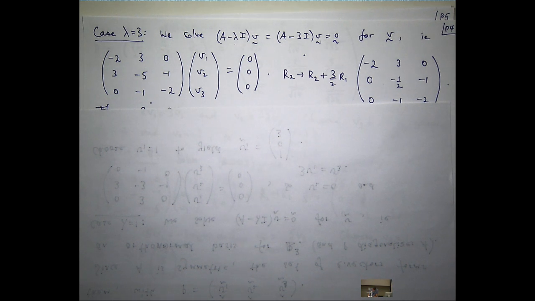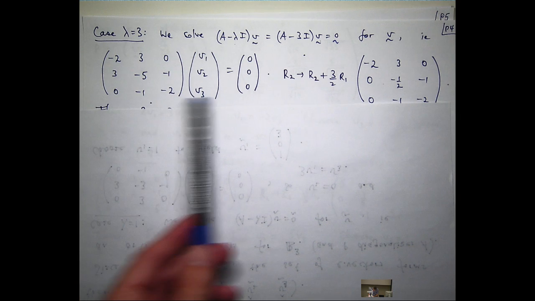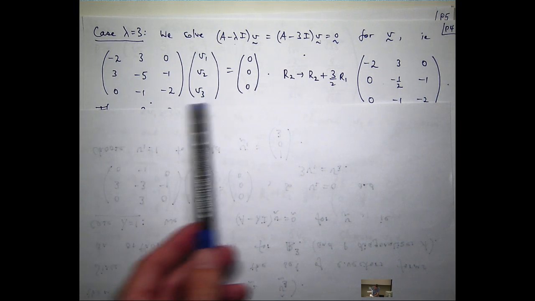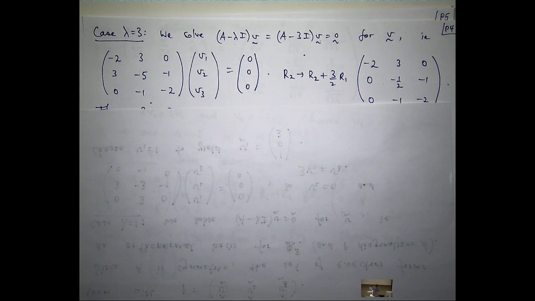Now, it's not quite as simple as the previous case, because I can't just read off the answers. So I'm going to do a little bit of row reduction on this, just to simplify things. Now, I haven't done all the row reductions because I don't think they're really necessary. I'm just doing enough to solve the problem.